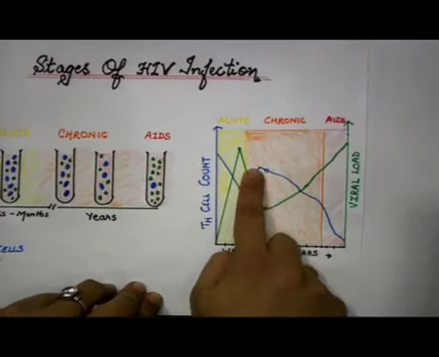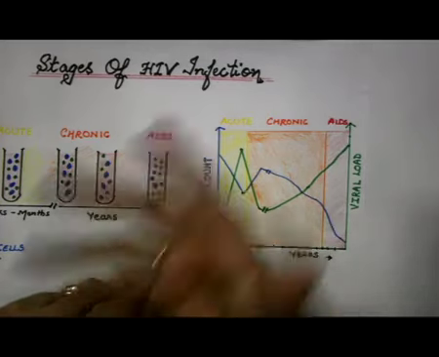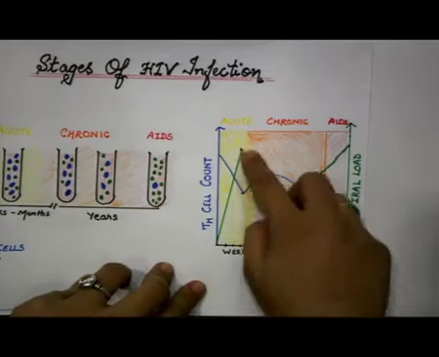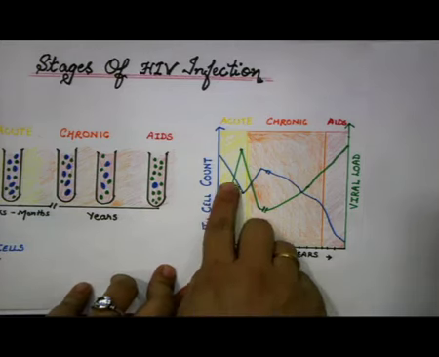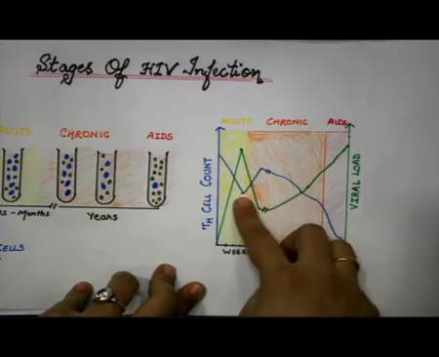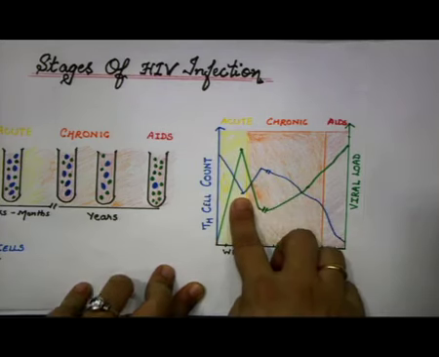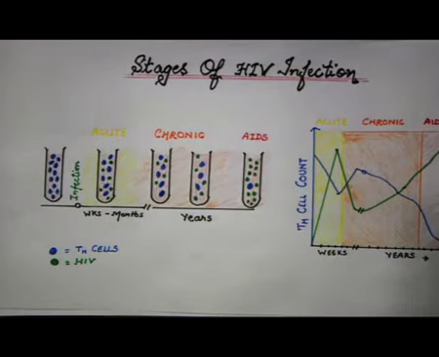The blue line represents the number of Th cells, that is the CD4 cells, and the green line shows the viral load. So, we can see here in the acute infection stage, the viral load increases and CD4 cells decrease in number very sharply.